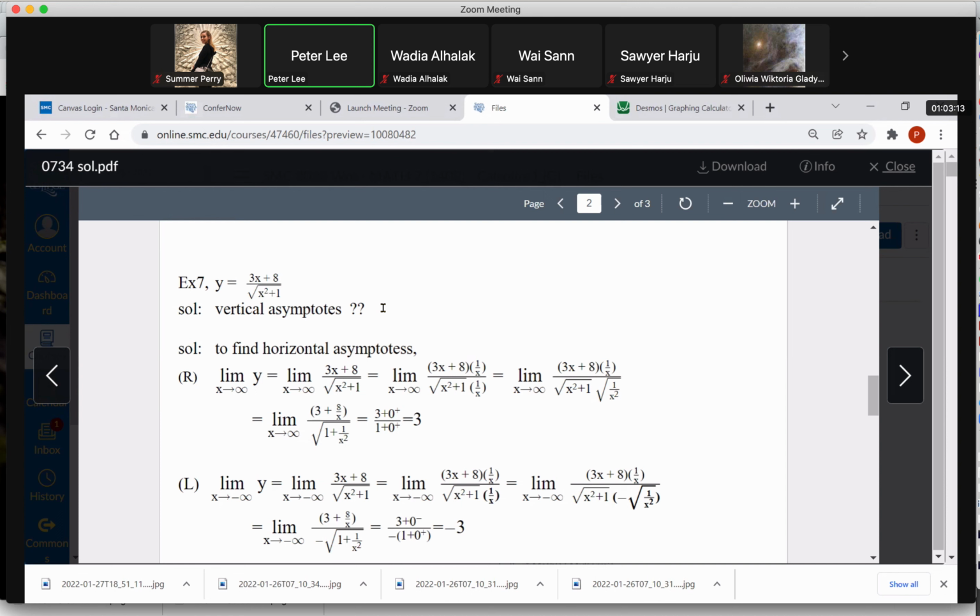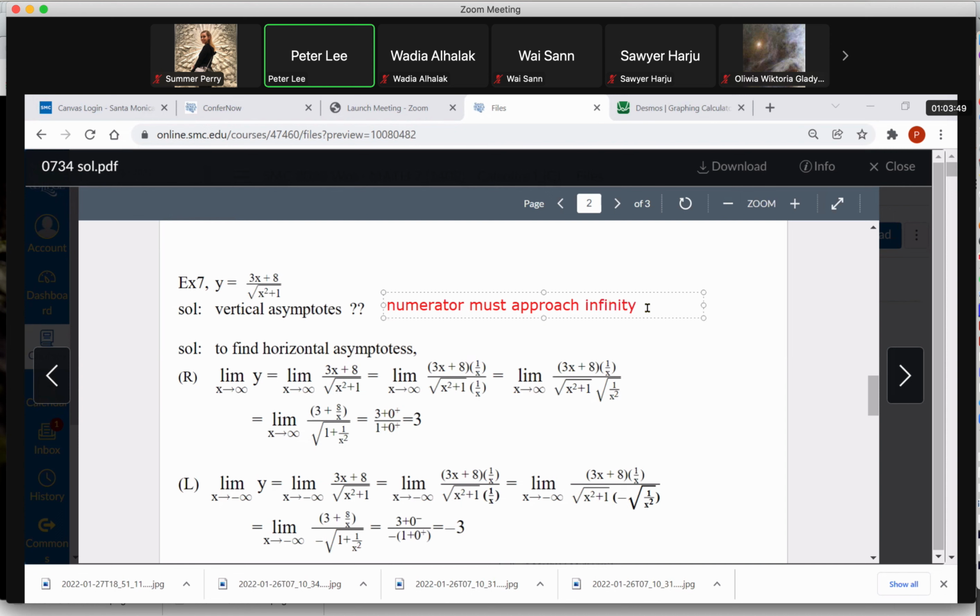Now, once again, in order to have a vertical asymptote, the whole thing must go to plus or minus infinity. That means the denominator must approach 0. So in order to have a vertical asymptote, you can look at the definition of asymptote.